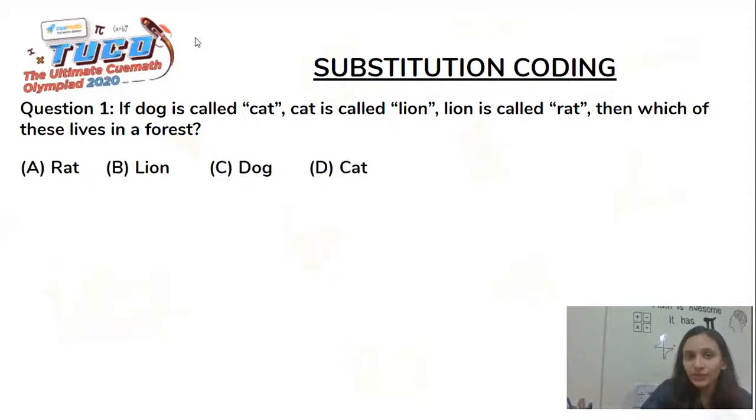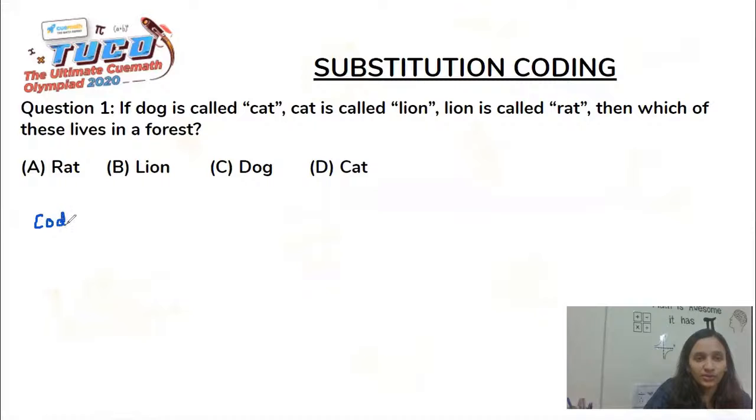The best way of doing it is you write the code and decode. So I'll write the code and the decoded word here. Okay, dog is called cat. So the code for dog is cat. That would mean cat is the code word for dog.